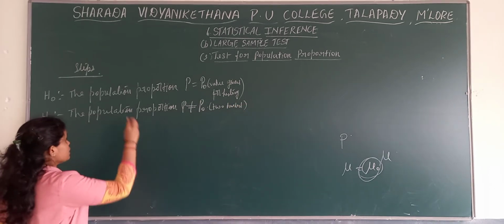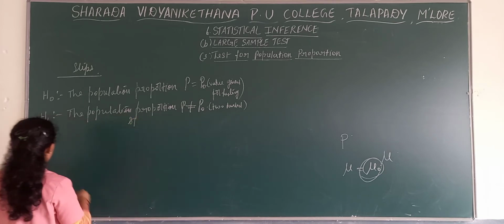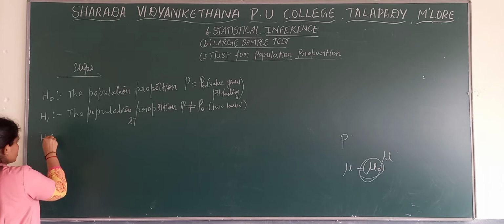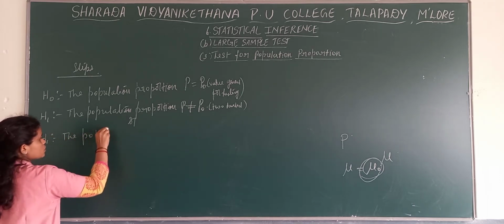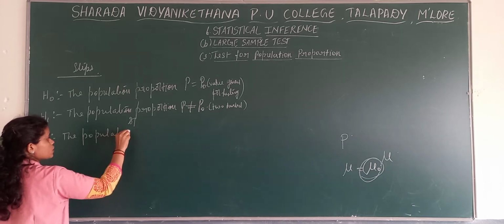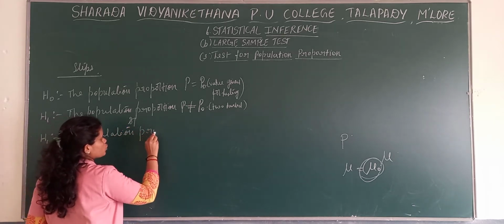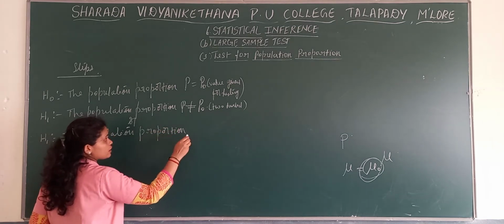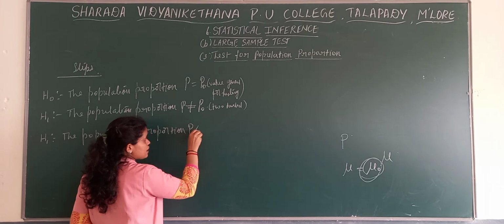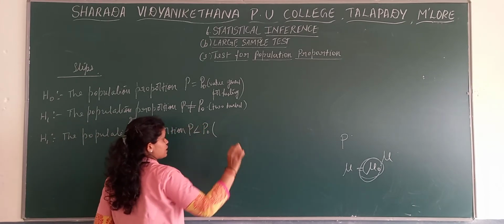Then either this as alternative hypothesis, or one more option: the population proportion P is lesser than the value given for testing.